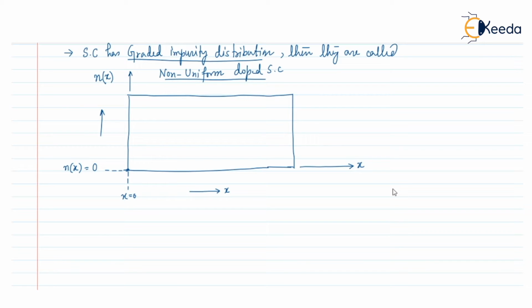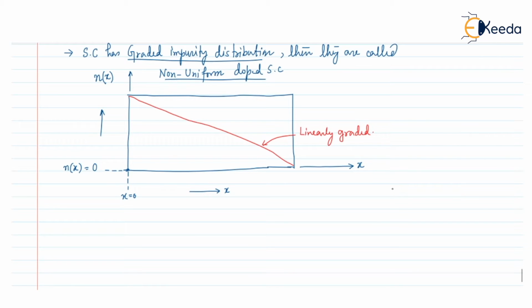Now for a linearly graded semiconductor, we can draw the impurity profile like this. It will be a linear variation. So this is the linearly graded semiconductor.